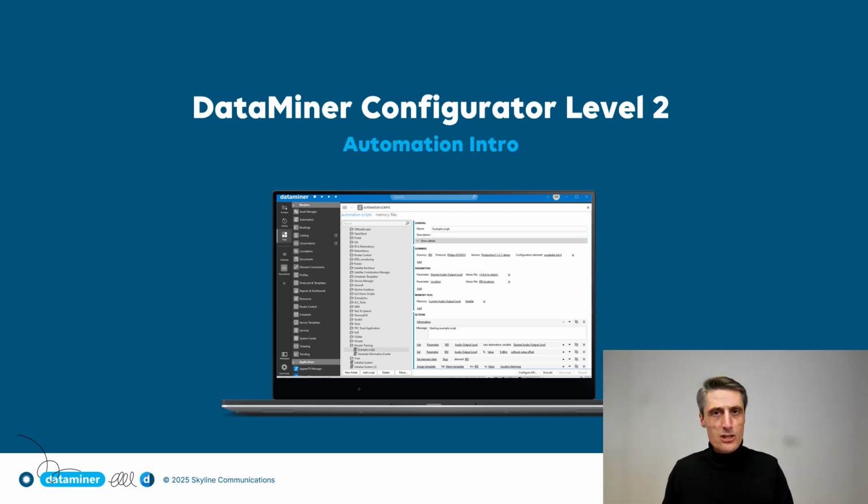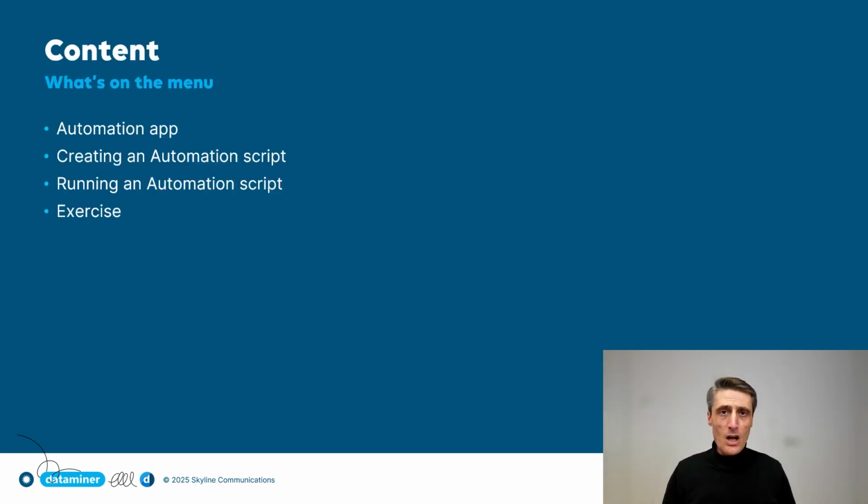That's for the Automation Pro, which is covered in the sysadmin series. Here we make a starting point, a basic script, and we will trigger that script and play around with that in our DataMiner system.